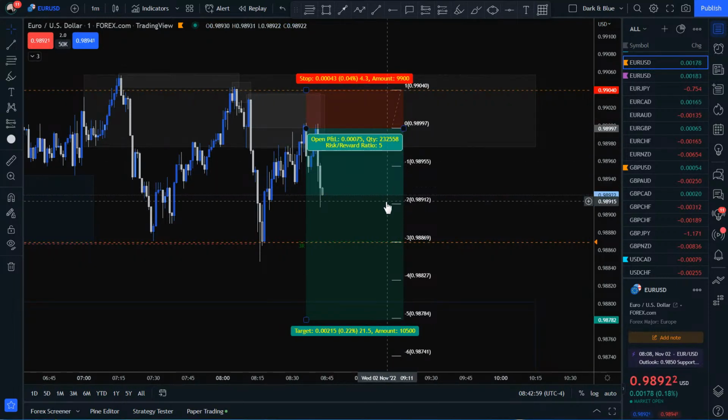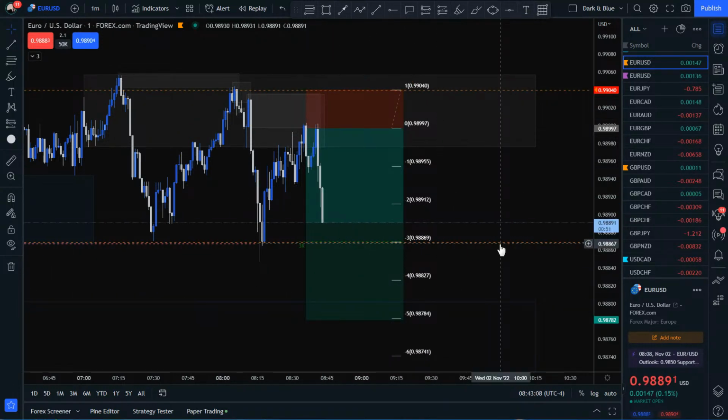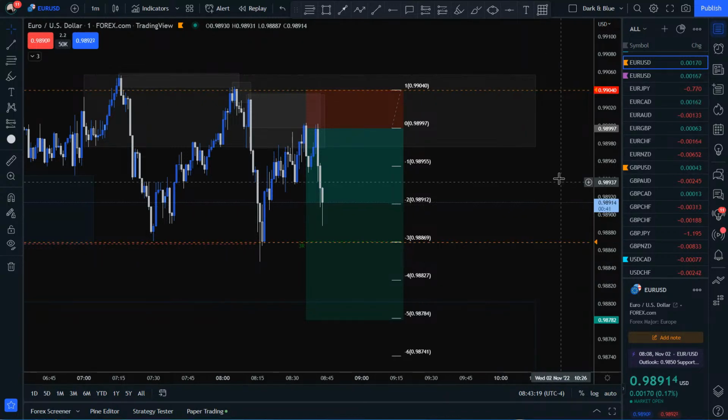When price goes 2R, you're up two times what your initial risk is. It's not bad to take a partial if that's your style of trading. I think it's very important to pay the trader. Keep that in mind.